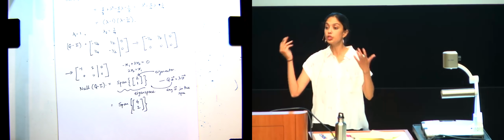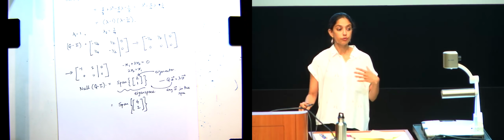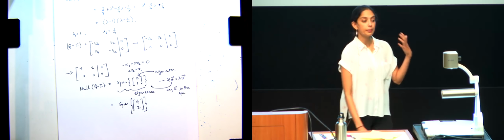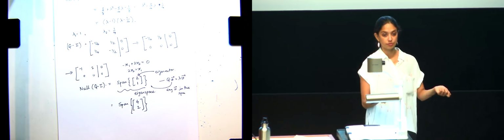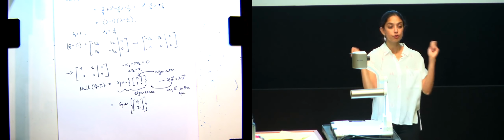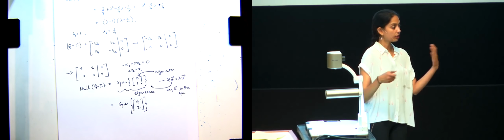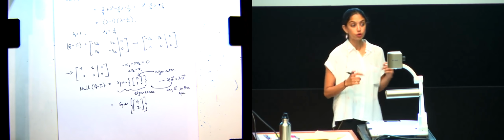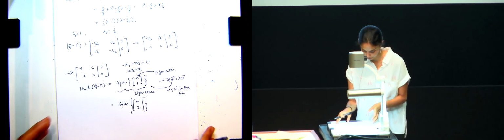You've seen two-dimensional null spaces before. That means you might have two basis vectors for that eigenspace, and their linear combinations give the eigenspace for that eigenvalue.